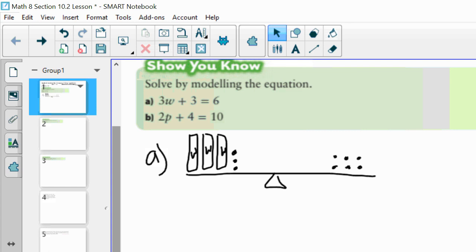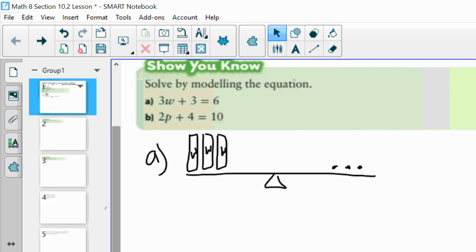To do that, the first thing we want to do is get rid of these 3 counters here, and then get rid of 3 counters on the other side. Since I did the same thing to both sides, my teeter-totter would remain balanced. Now, I want to find what just 1 W is equal to.